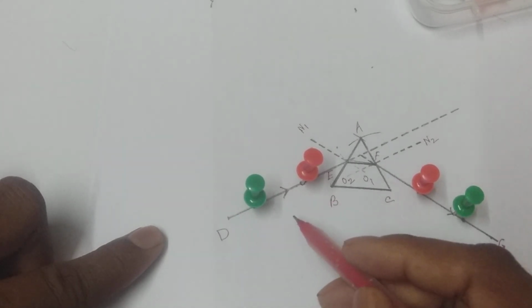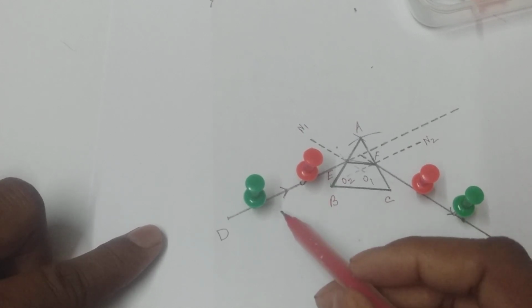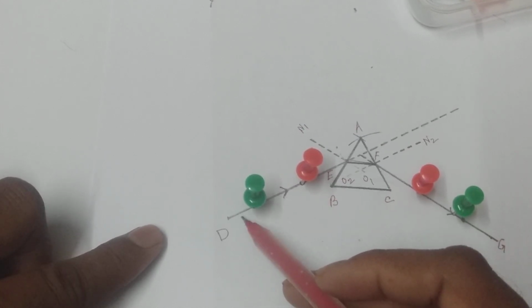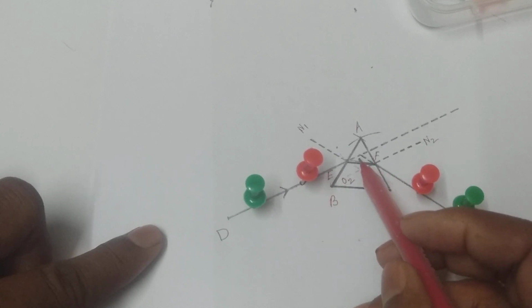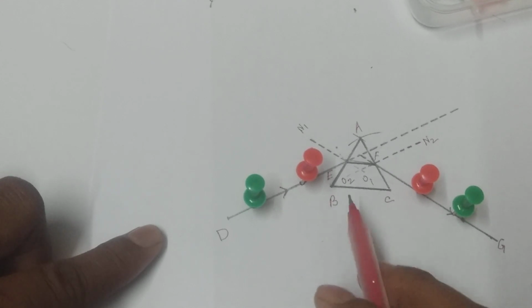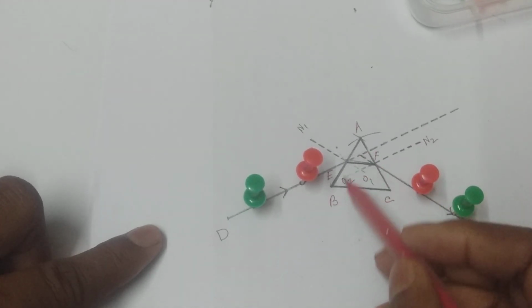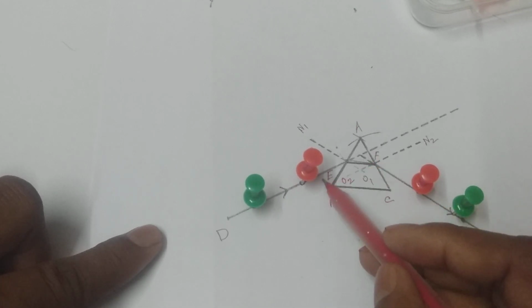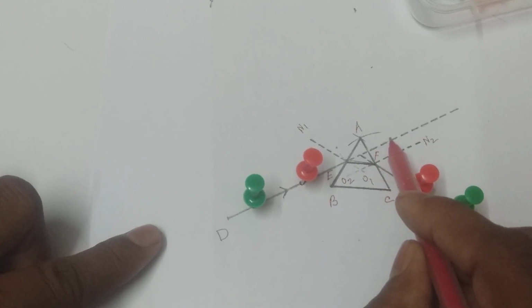Now you have to find the angle of deviation. What is the angle of deviation? Angle of deviation means how much this incident ray deviates from its original path, right? Suppose if there is no prism here, then the incident ray will go in a straight line in this direction, right?